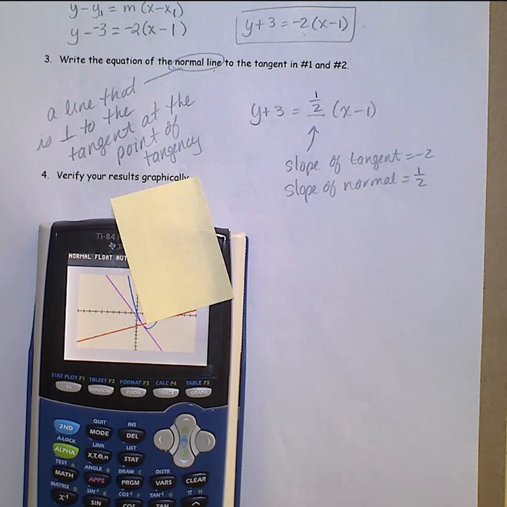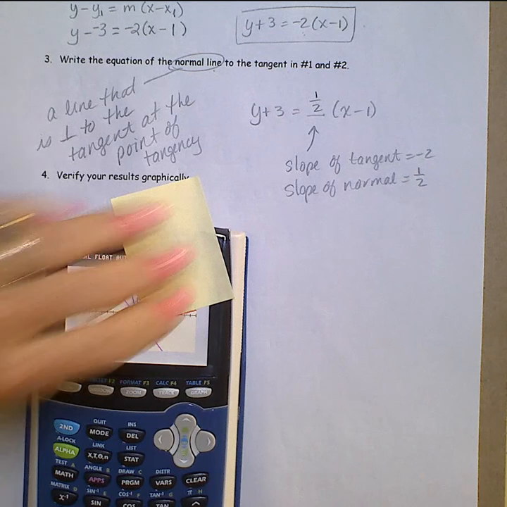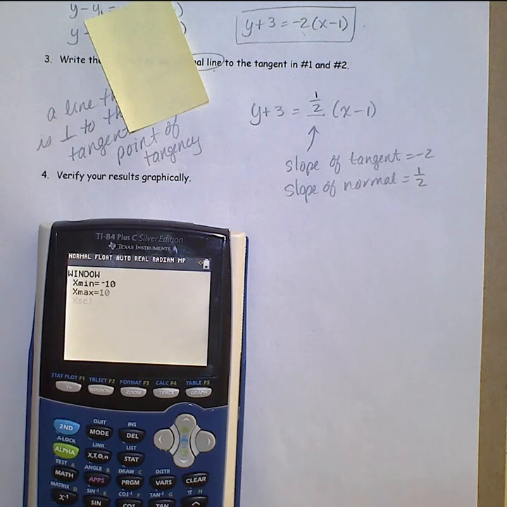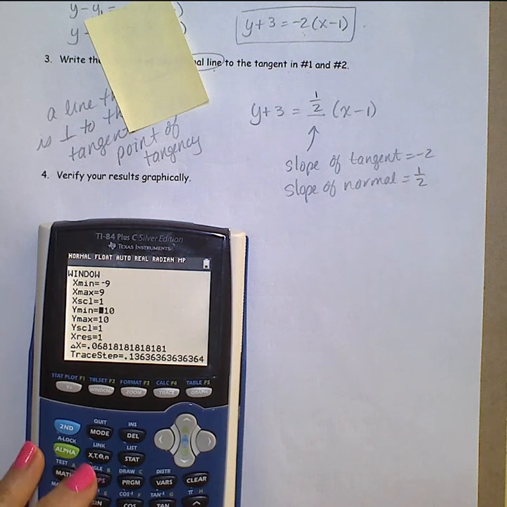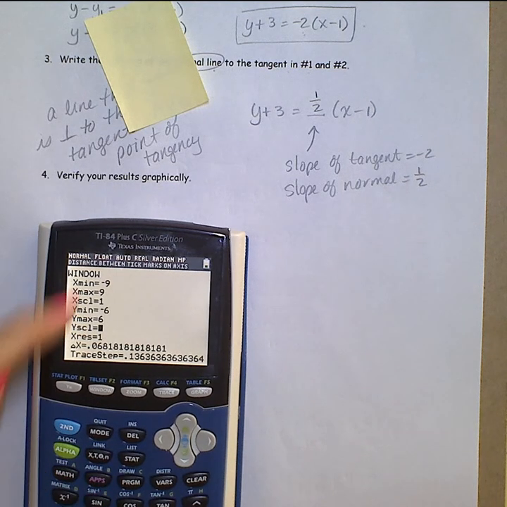We're on a square window right now, right? Do you remember that the ratio of the x to the y is roughly 3 to 2? So if you change your x's to be negative 9 to 9 and your y's negative 6 to 6, that's a ratio of 3 to 2.